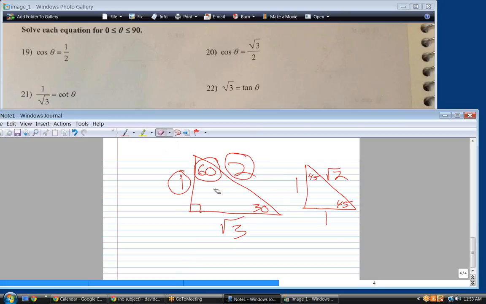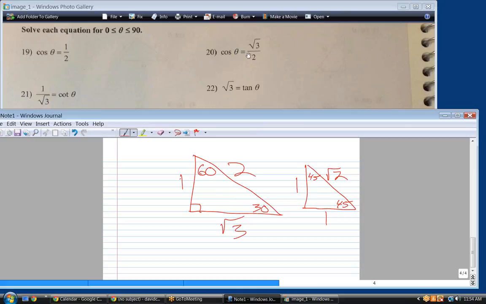So we're essentially doing it in reverse. When they tell us the cosine of an unknown angle is 1 over 2, we have to go back and work out how we got the cosine of this angle here. Or the second way you could do it is type into your calculator the inverse cosine of 1/2, and it'll give you 60 degrees. But you need to be able to do these manually, at least these, because these are all either 30, 60, or 45.